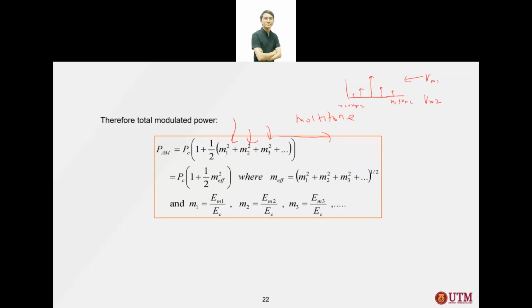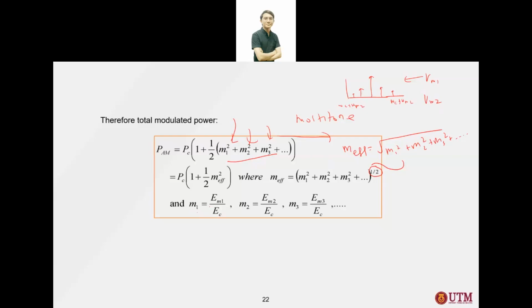Because it is a multi-tone problem, we can take into account the effective value of modulation index by using the formula M effective equals square root of M1 squared plus M2 squared. If there are two messages in it, if there are three, then it's three, and so on. So this one is square root of 2.